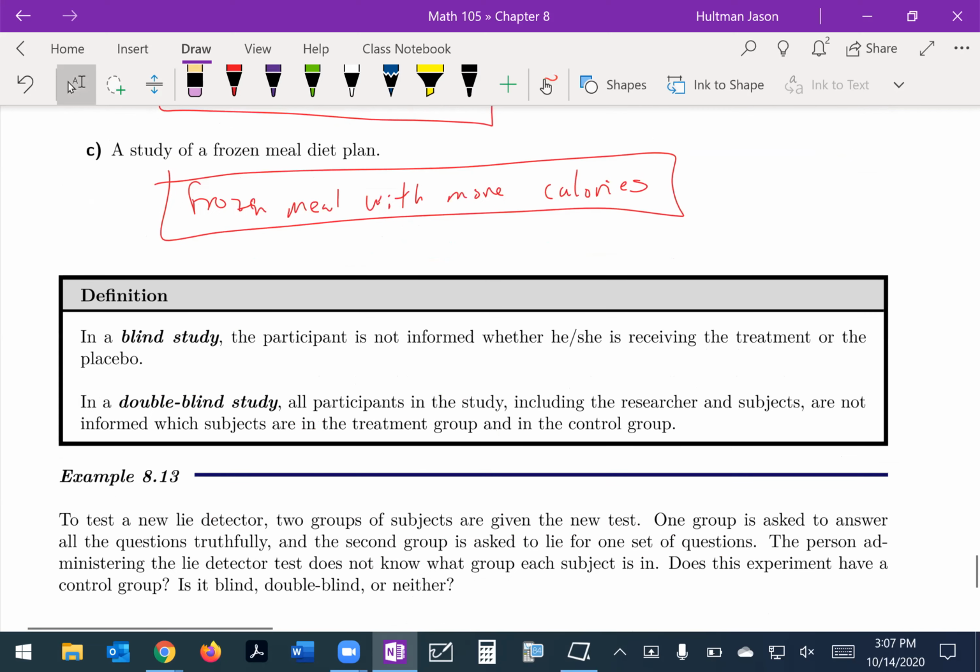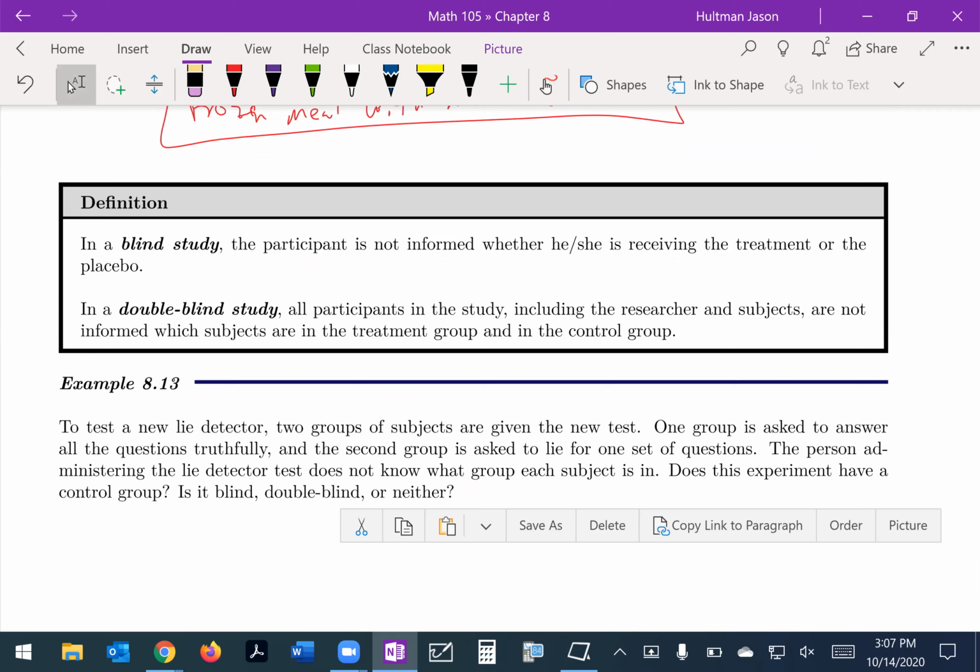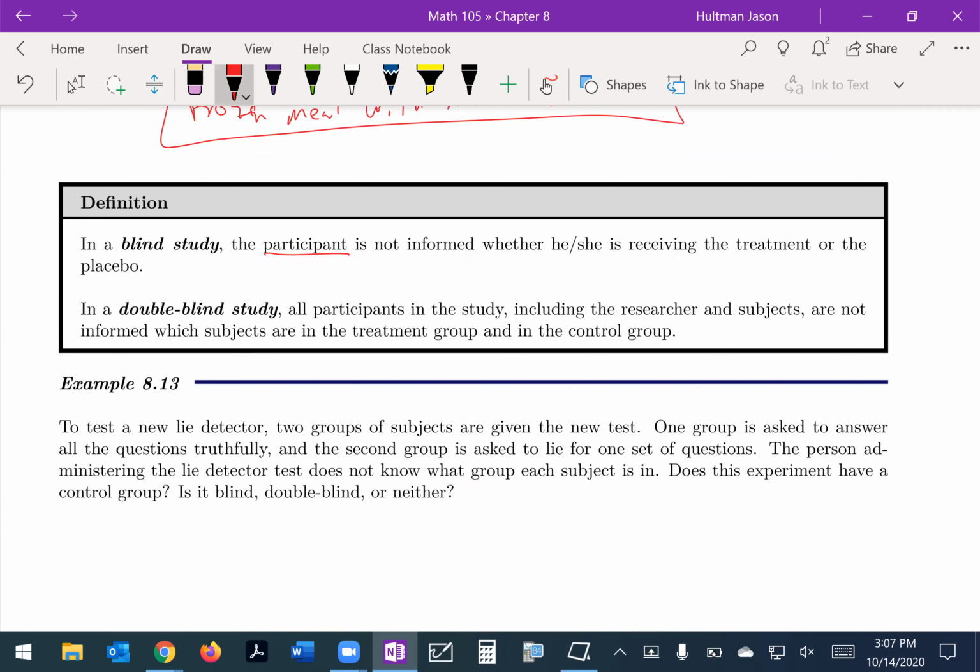In a blind study, the participant is not informed whether he or she is receiving the treatment or the placebo. That's a blind study. Double blind is when all of the participants in the study, including the researcher and the subjects, are not informed which subjects are in the treatment group.